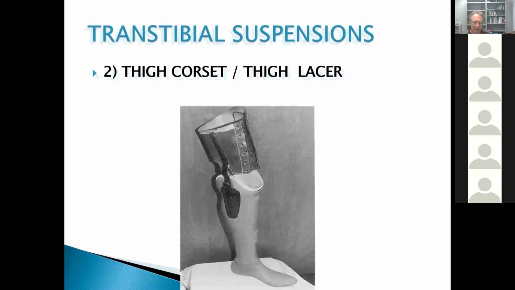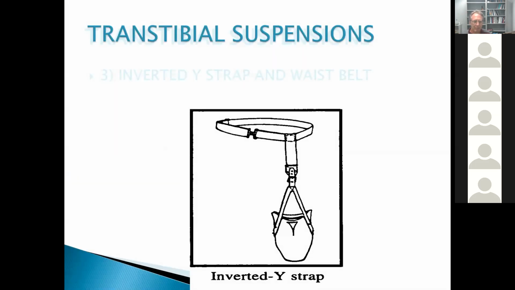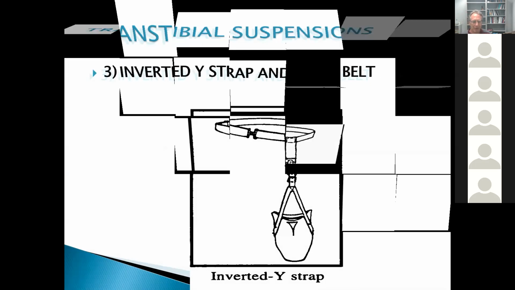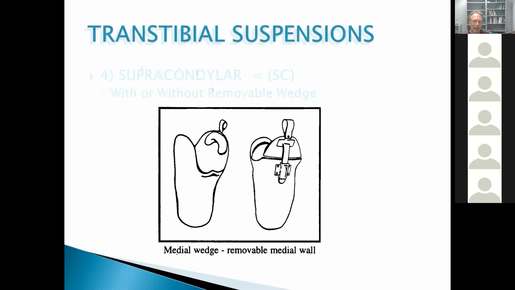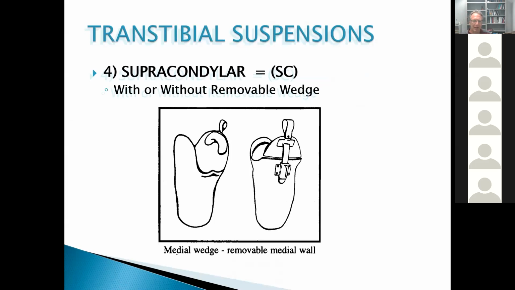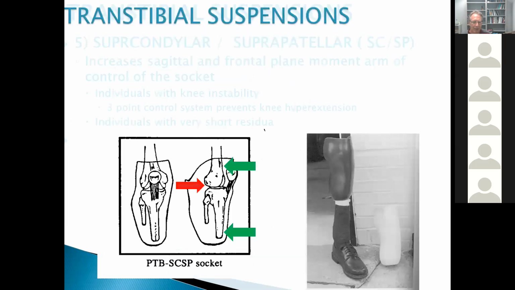There's an example of a prosthesis with the thigh lacer. Inverted T-strap is a possibility. I've never seen it with an actual patient, but this is suspending with a belt. And here is a supracondylar suspension with a wedge. So what this has done is it's actually suspended by the condyles.